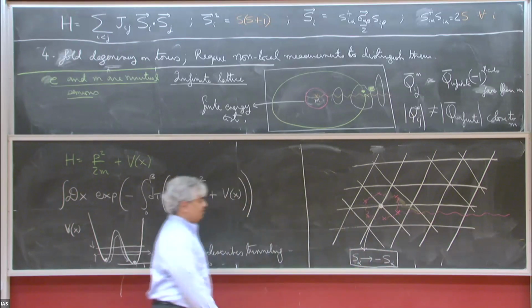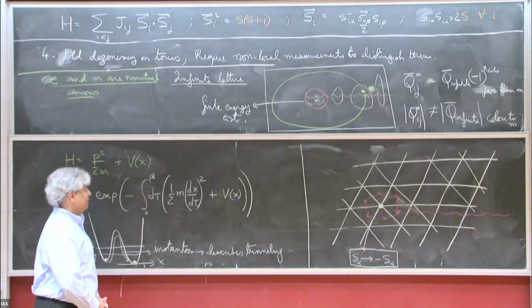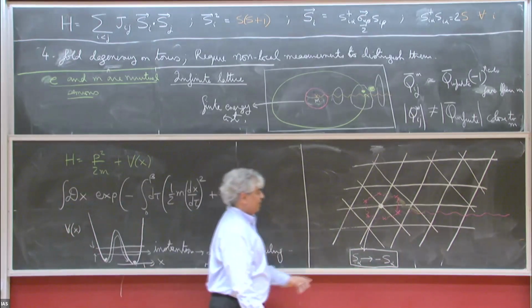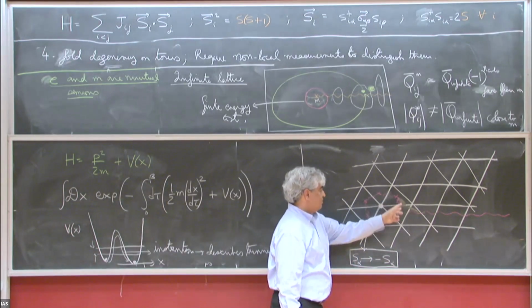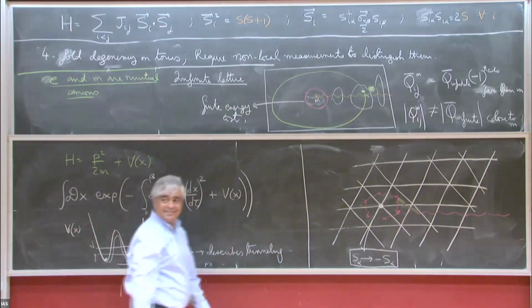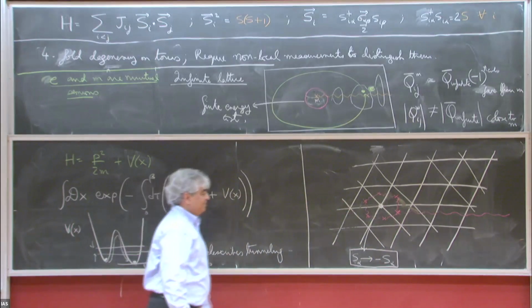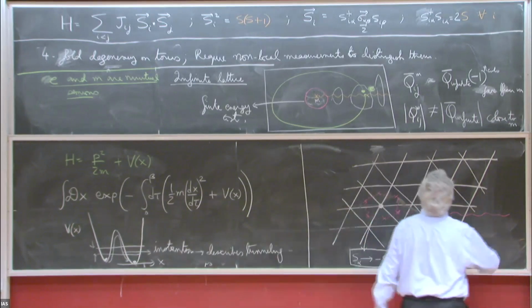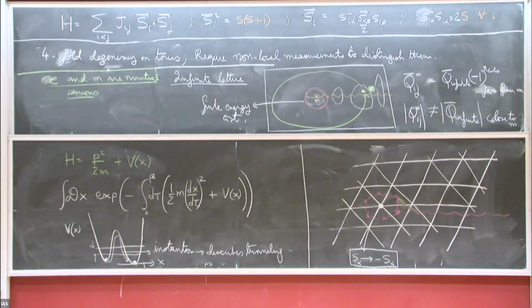I flip S alpha, I do a gauge transformation where S alpha goes to minus S alpha. Then all these Q's will flip sign, and the cut will be gone. But the ground state has exactly 2s S bosons on each site.